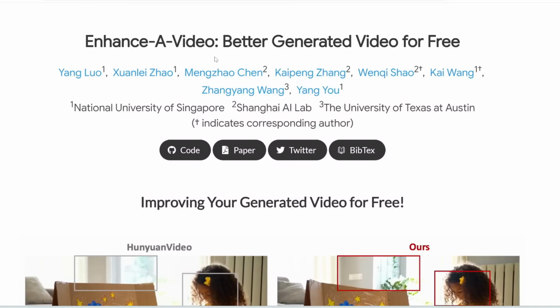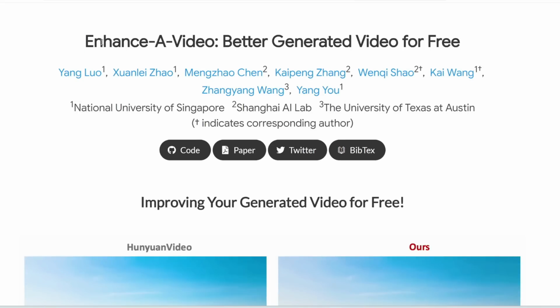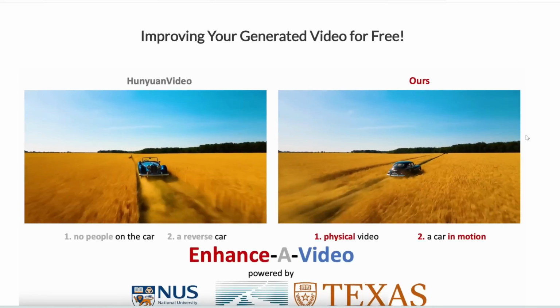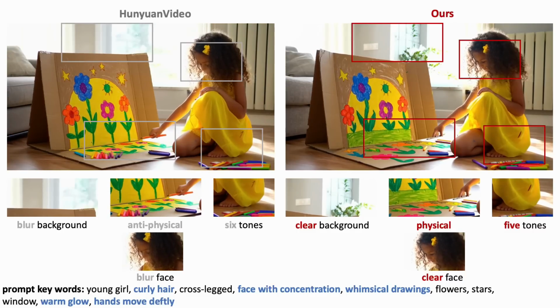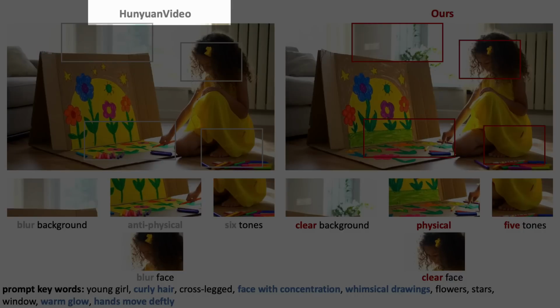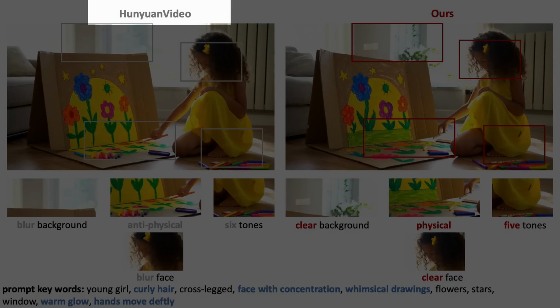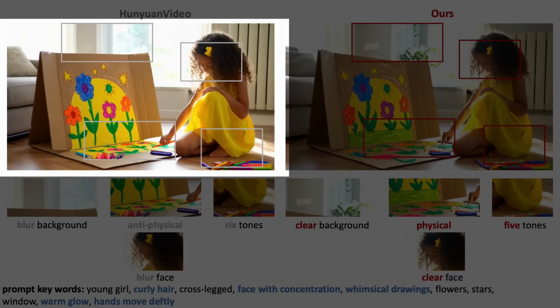Next up, we have another free and open source tool to enhance videos. This is appropriately named Enhance a Video, and this can basically improve the quality of generated videos. Now, this is a tool that you can add on to an existing AI video generator. So for example, you can see here it's using Hunyuan as the base model, and then here's the original generation on the left.